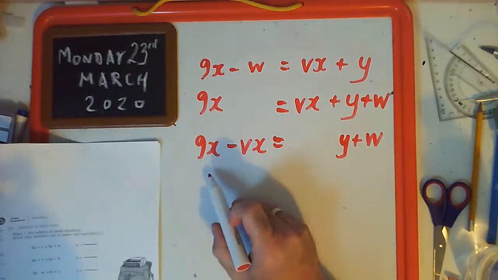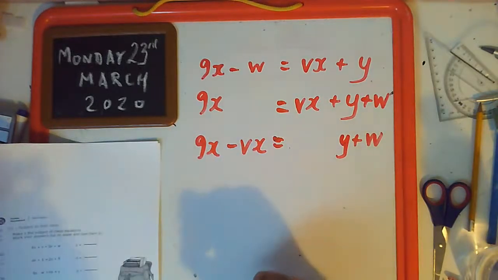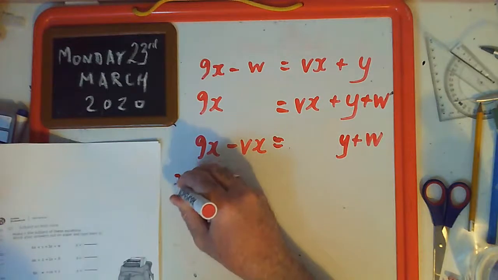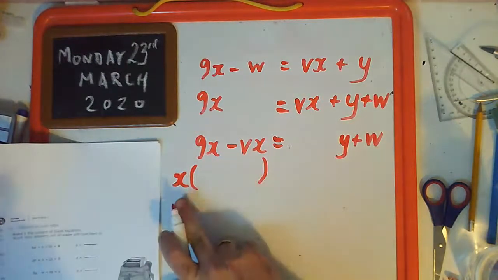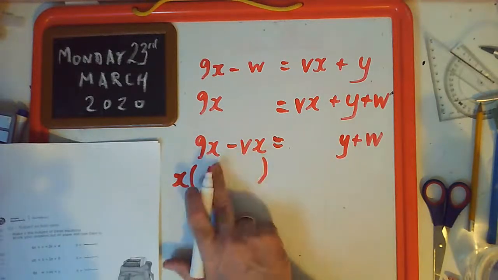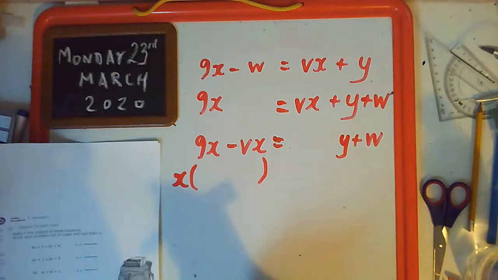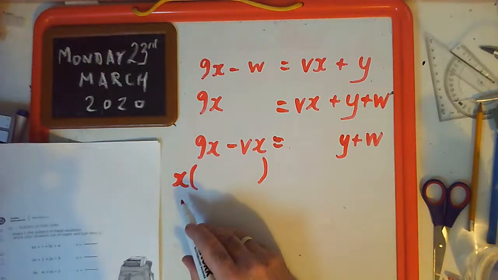So I've got 9x minus vx on the left. Both of those terms have an x in. So I can factor out the x and say that's the same as x times something in brackets. So because both of these terms have got an x in, they can both be divided by x. So I can take an x outside the brackets and factorize it.